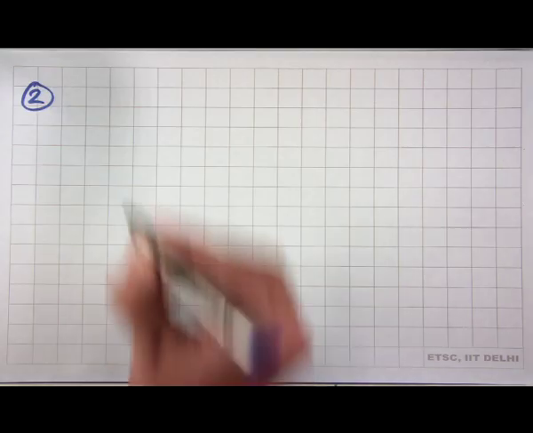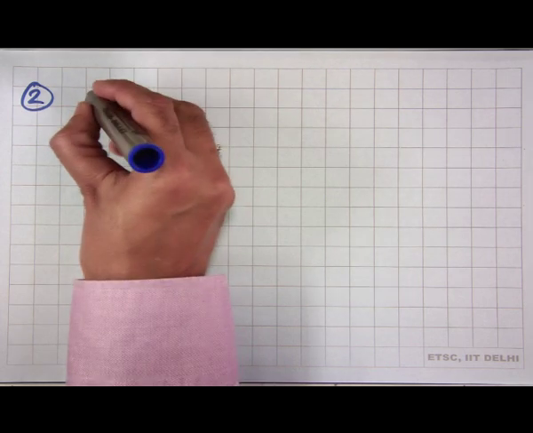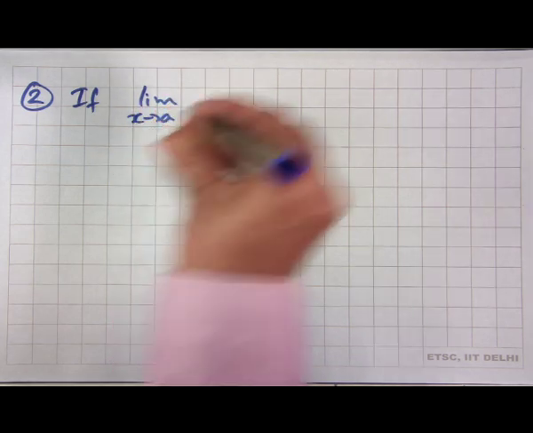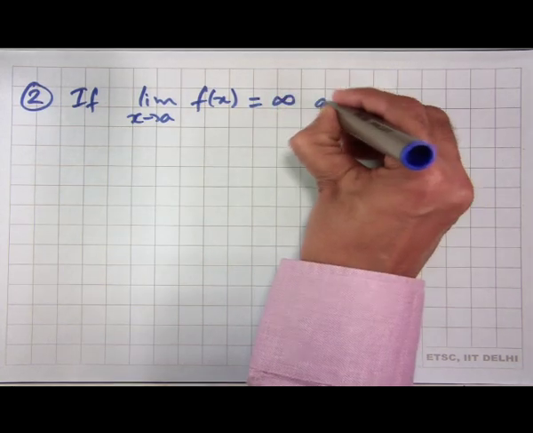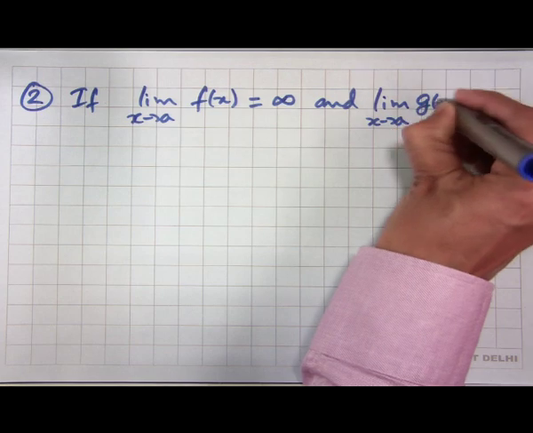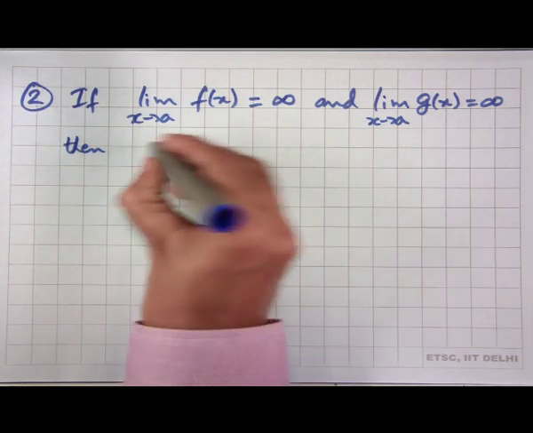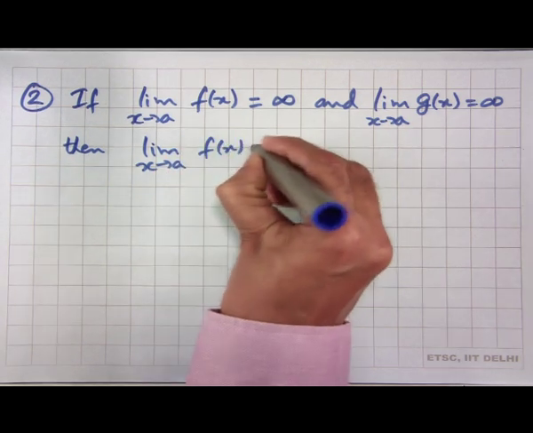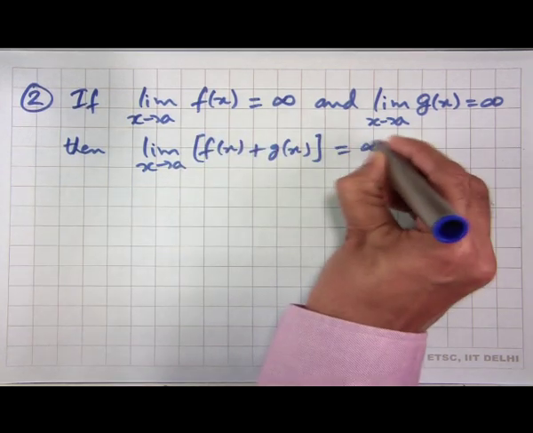Similarly, let us ask what happens if both the limits are infinity. If limit of x going to a of f of x is equal to infinity and limit of g of x is also infinity, then again the limit of f x plus g x will be equal to infinity.